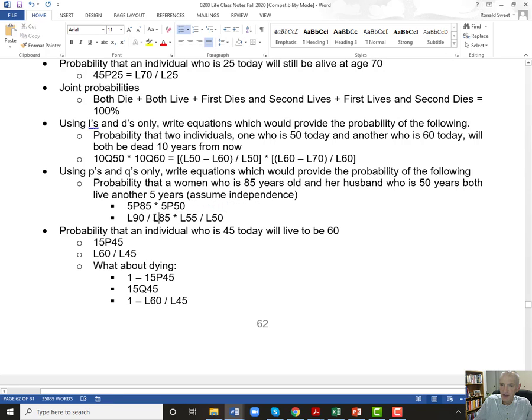If you're talking about people dying, you do L85 minus L90 over L85 and L50 minus L55 over L50. That's how you get people dying, but for people living, you just do L90 over L85. So these will give you the same answer. You should go to the mortality table and actually try it out.